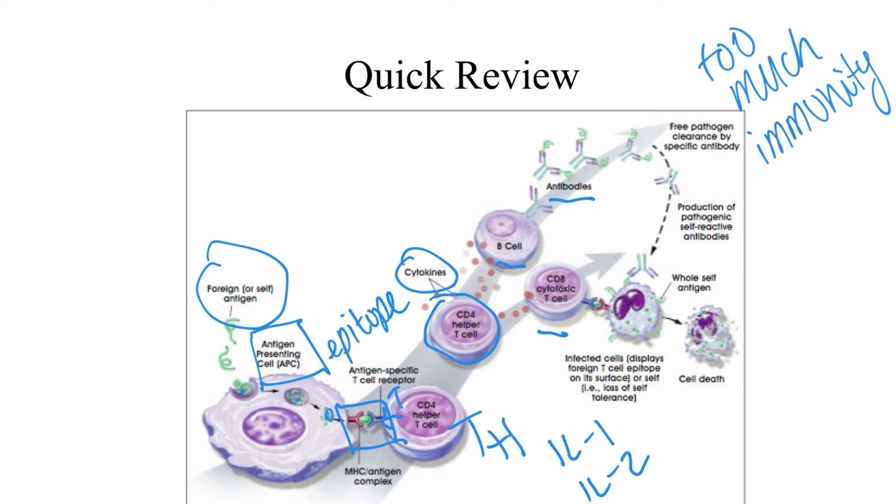Remember that when activated by the cytokines released by the T helper cell, B cells differentiate into memory B cells, which are going to display the antibodies with specific matching regions on them, similar to the epitope region of the antigen fragment. So that's our memory B cell.